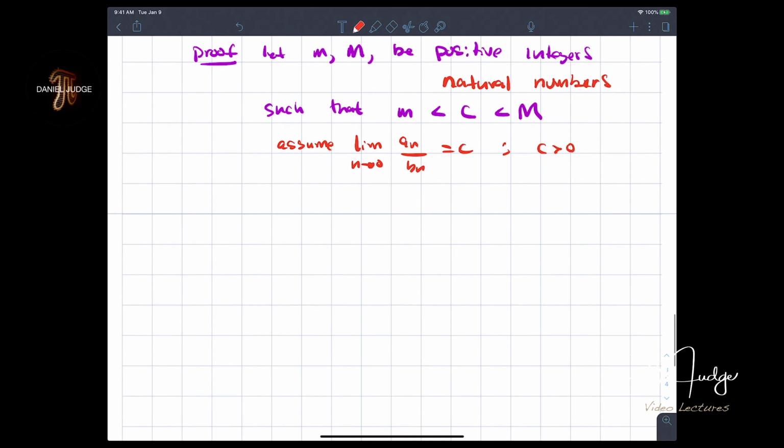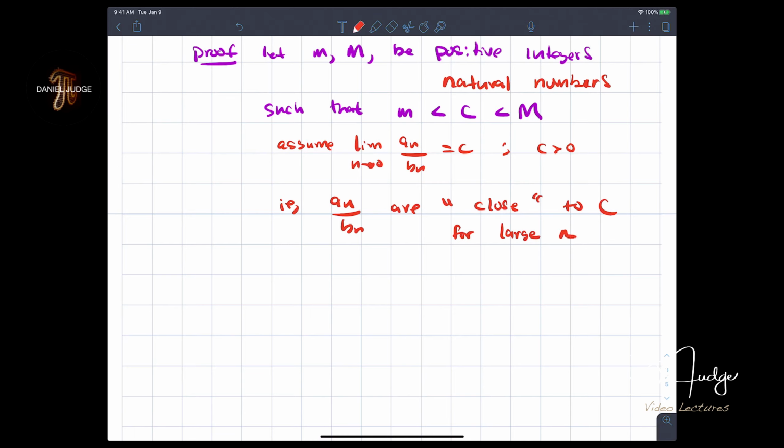Now, by that assumption, what this means is that a_n over b_n are, quote unquote, close to C because it's a limit. And they're close to C for large n, meaning eventually.